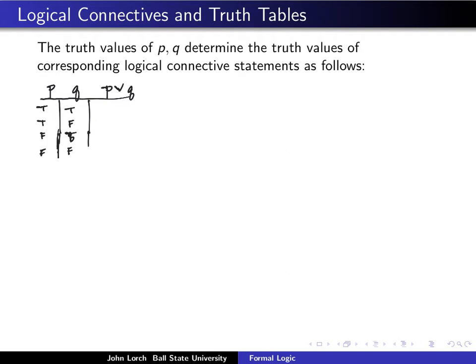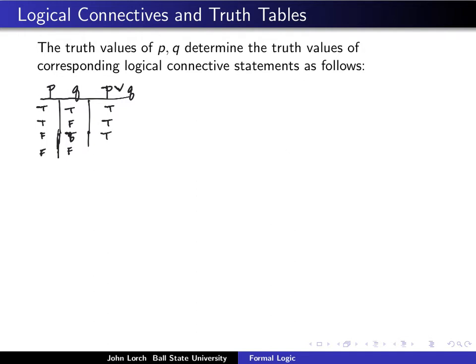Now for P or Q, what we're going to require for that to be true is that at least one of P or Q has to be true. So that's certainly the case here. In fact, both P and Q are true. Now in the next two lines, P is true, so that's enough to make P or Q true. And then in the next line, Q is true.